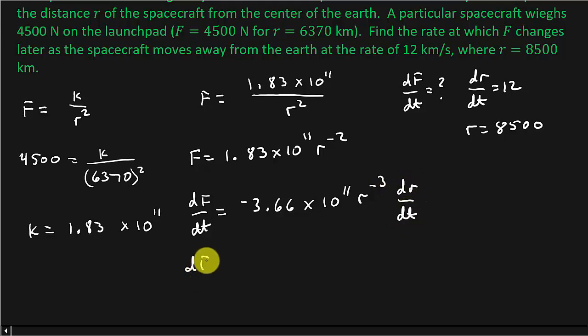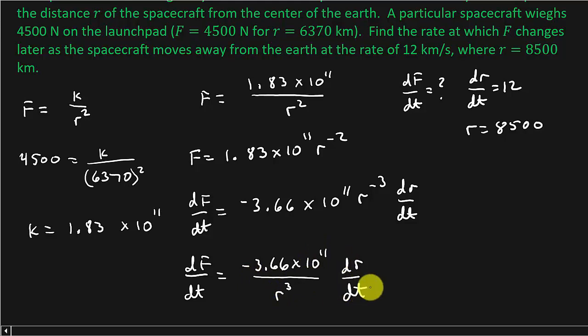And so I get dF/dt is equal to negative 3.66 times 10 to the 11th over r cubed times dr/dt. So there you go.